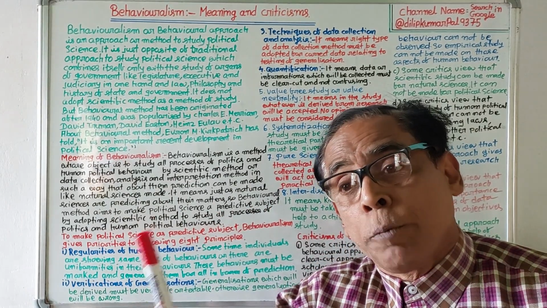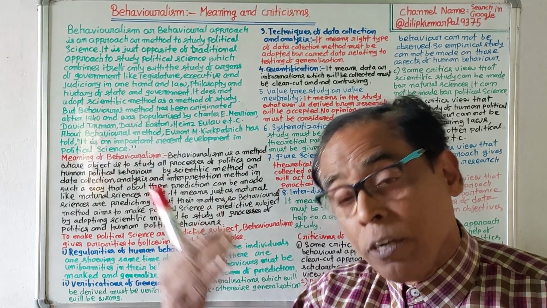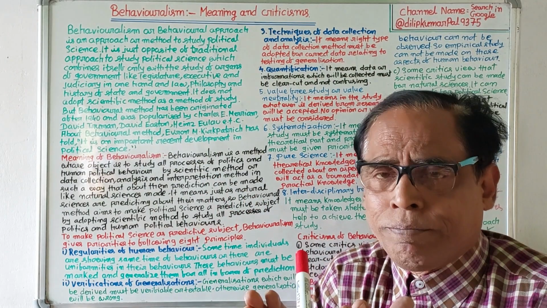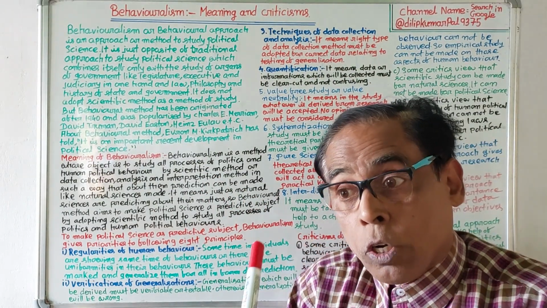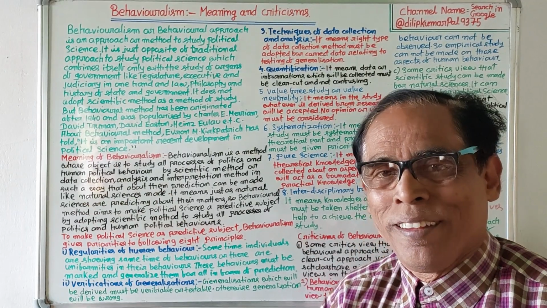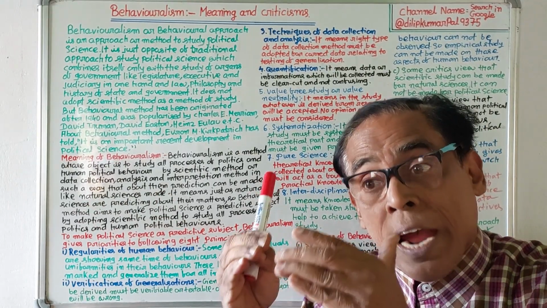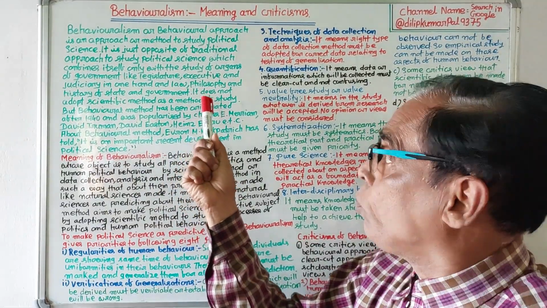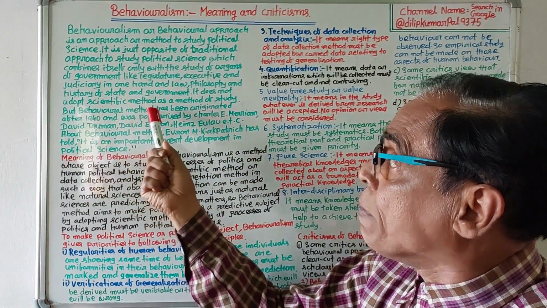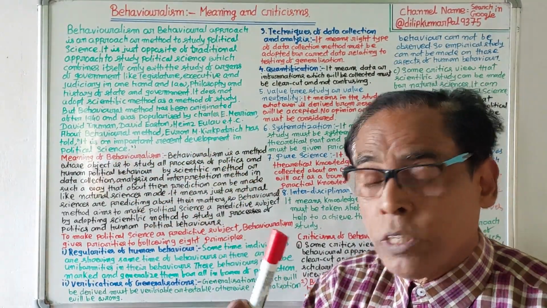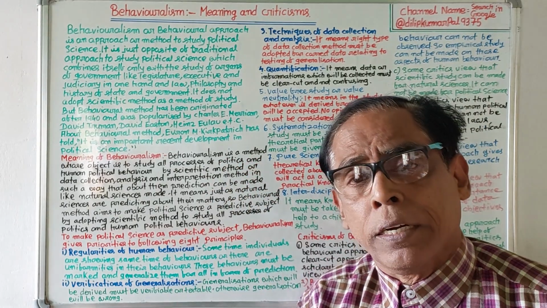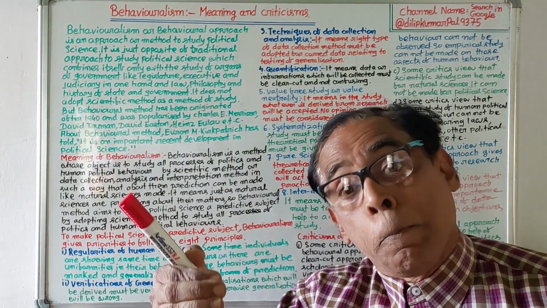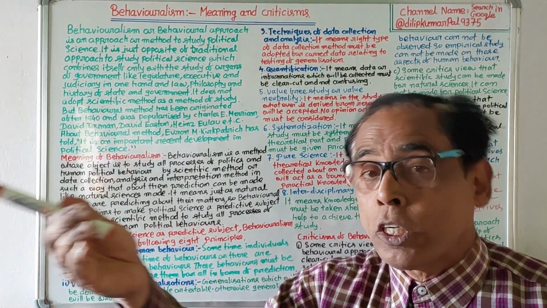It is just opposite of the traditional approach, which is only confined with the study of organs of government, law, philosophy, and history of state and government. The traditional approach does not adopt scientific method as a method of study. It adopts historical and philosophical method to study political science.